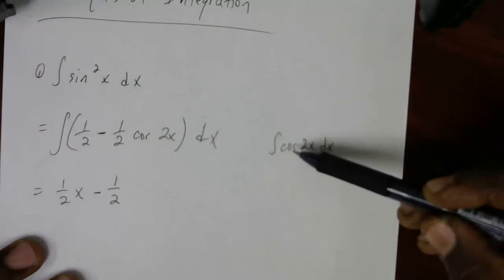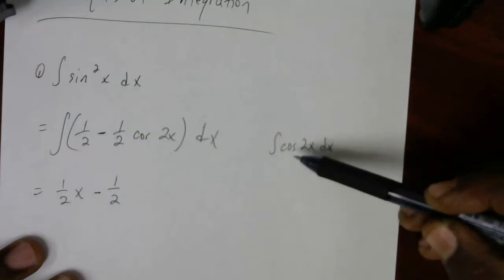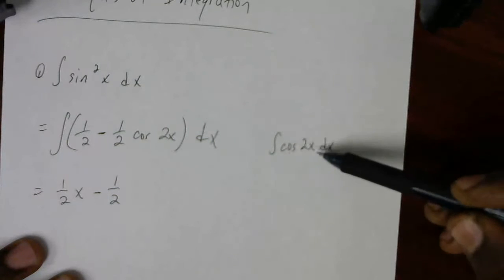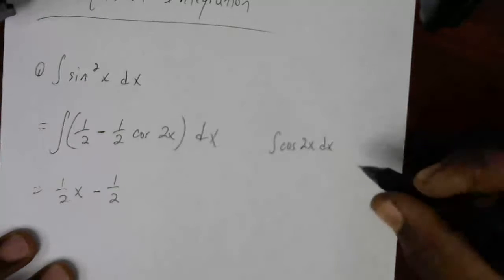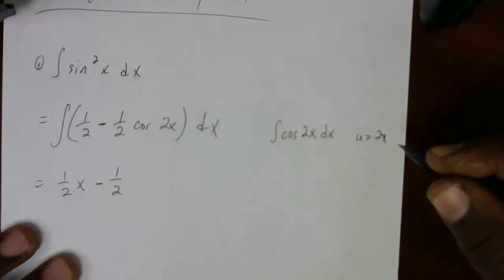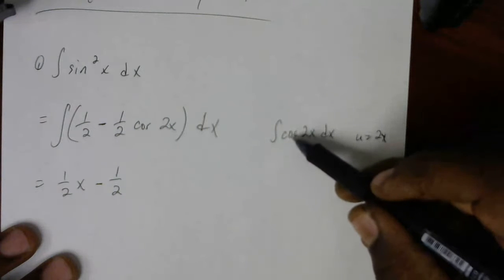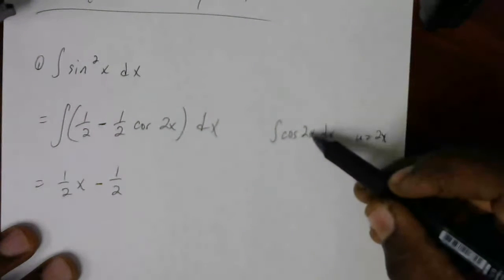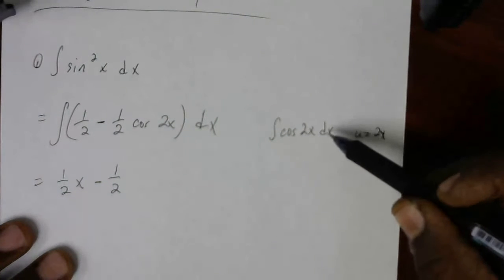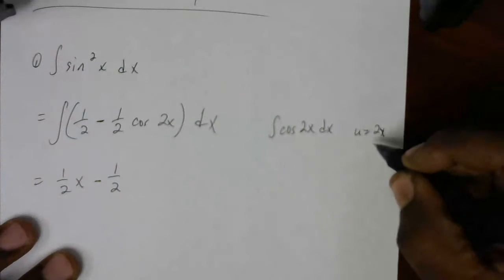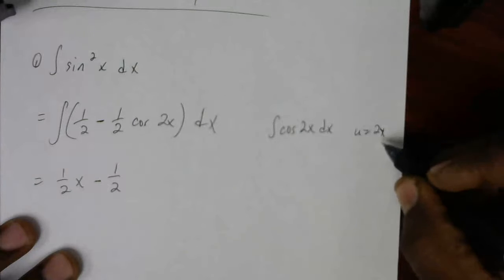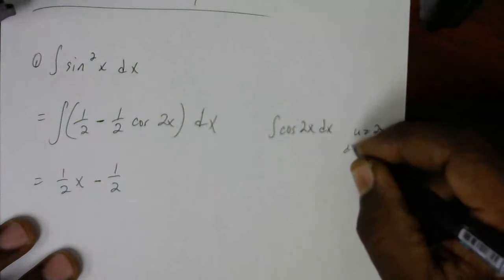So I want to make a substitution, because we don't have a formula to integrate the cosine of 2x. We only have a formula to integrate the cosine of x, or the cosine of u. So I'm going to substitute u for 2x, so I can rewrite this as the cosine of u. But in order to substitute out the dx, I'm going to take the derivative with respect to x from both sides of my substitution equation.